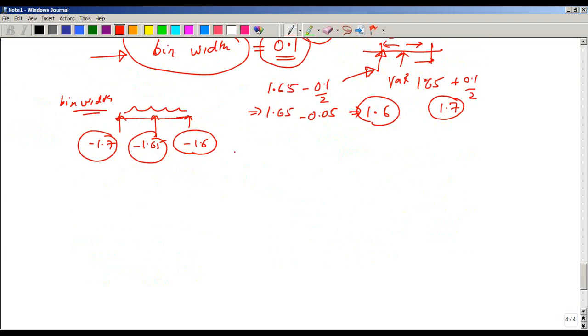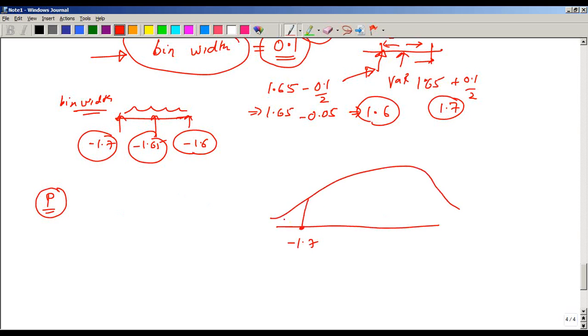After you have taken this bin width, you need to compute a probability which is given as P. How do you compute the probability P? We have said that this is minus 1.7. So the probability P is the area under the curve from minus infinity to minus 1.7.